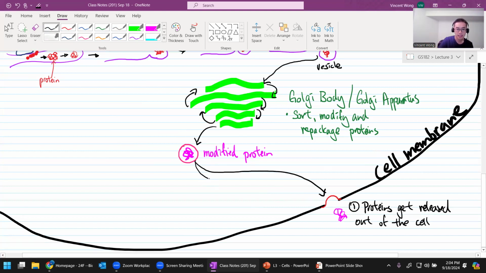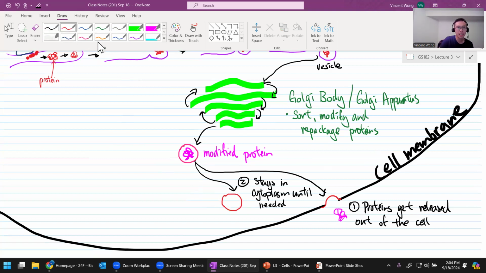Second option, it stays in the cytoplasm until it's needed. Maybe you don't need it right away.